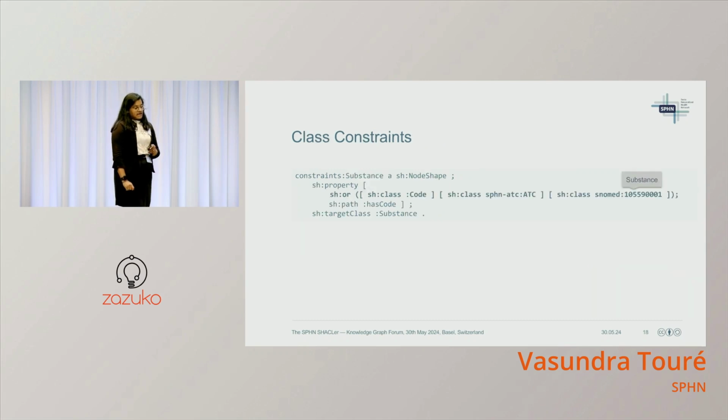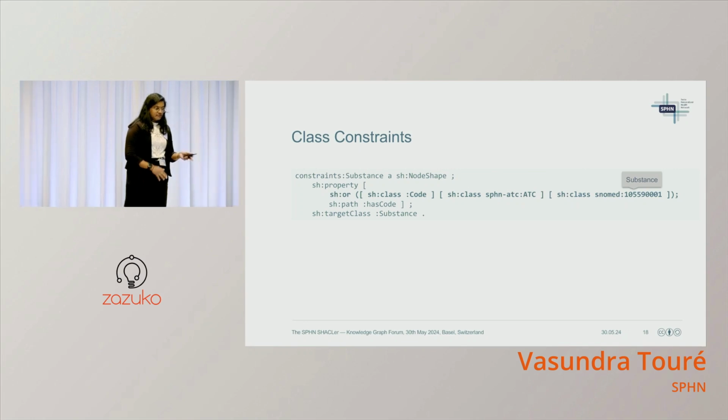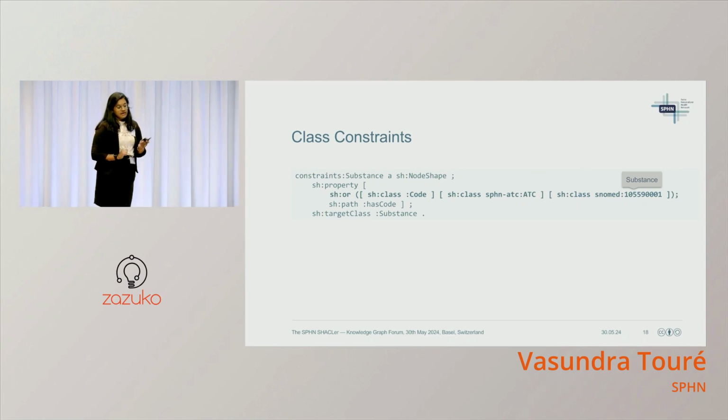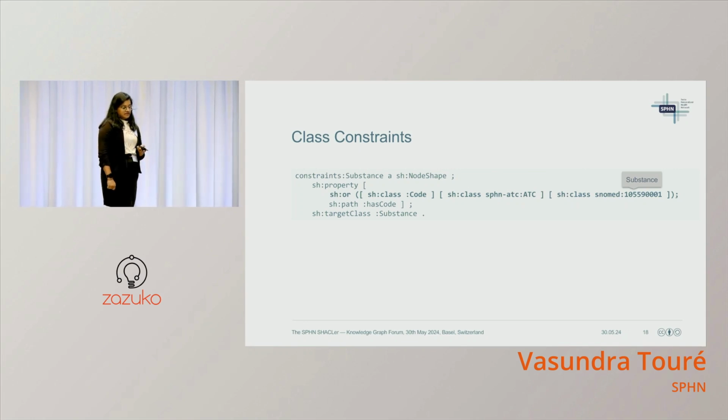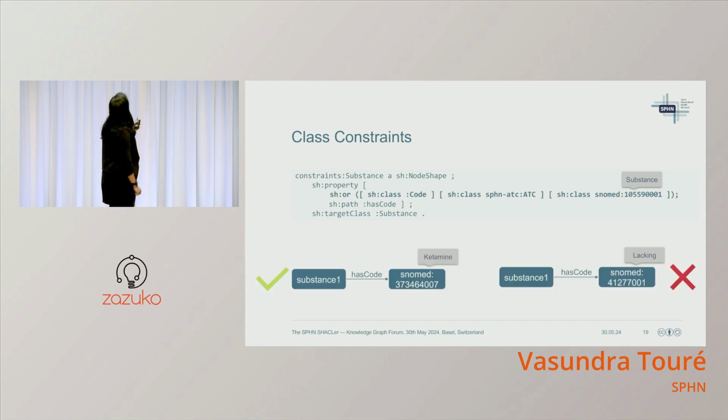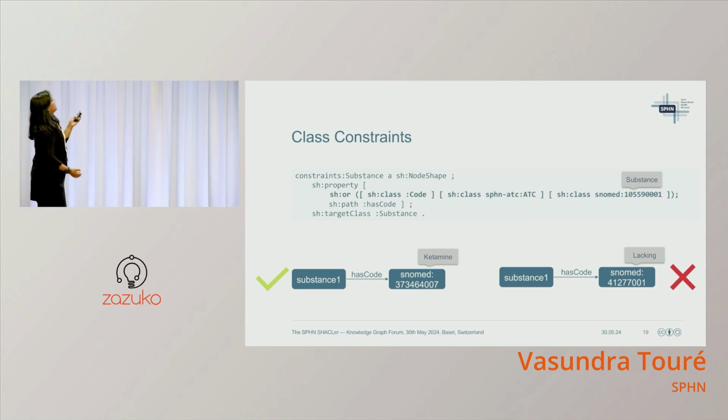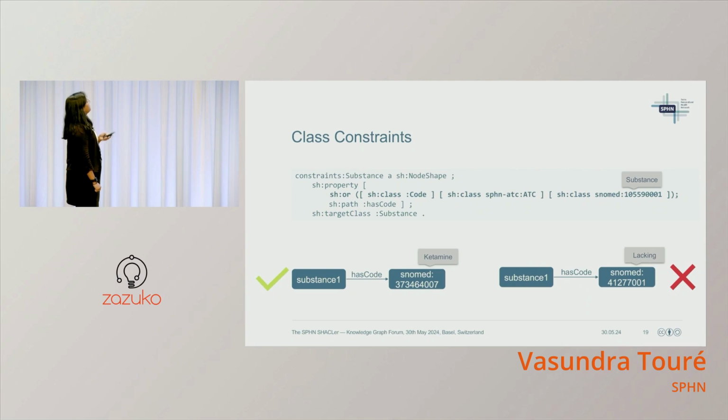Then we have also class constraints. For certain classes, we have specific value sets that are allowed, and in these cases we use these class constraints. In this example of the substance, it can have a code that either comes from the SPHN code or from ATC, which is a terminology for drugs. And then you also have SNOMED CT.